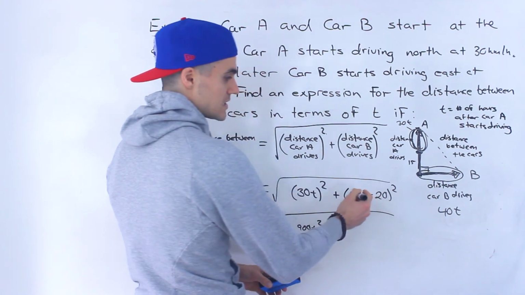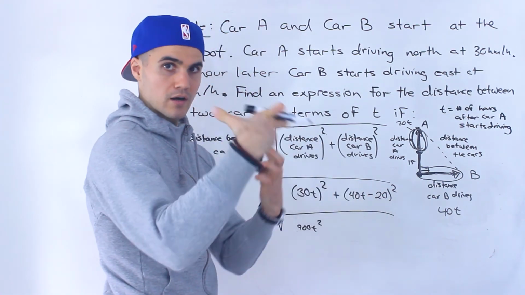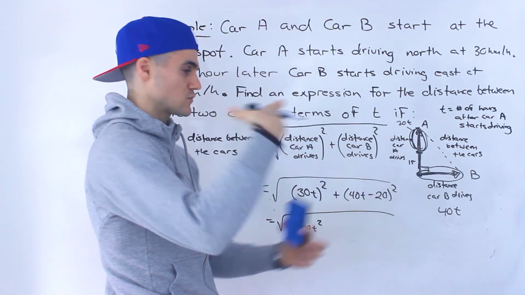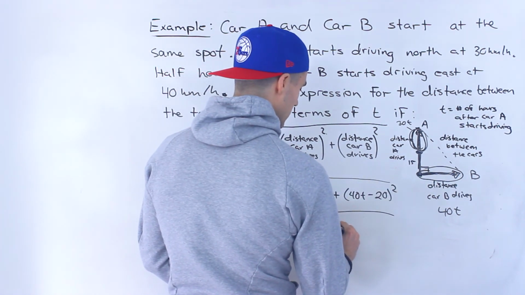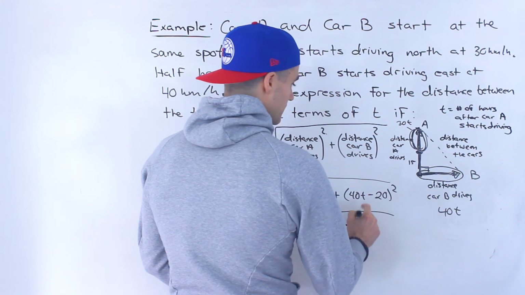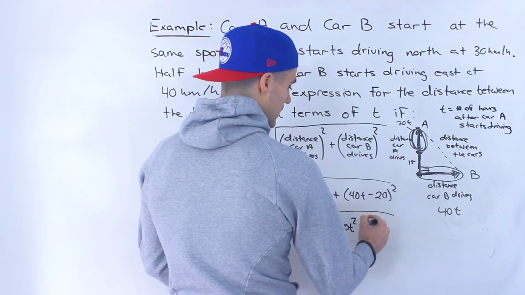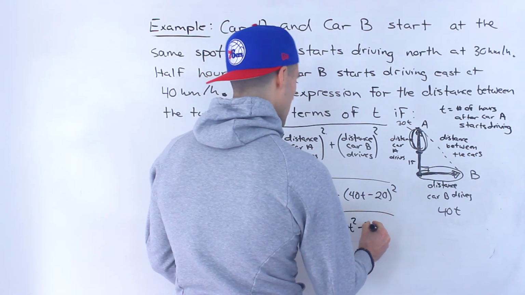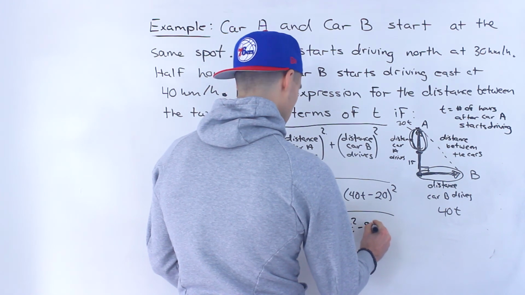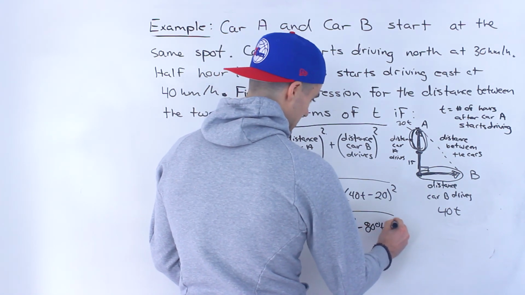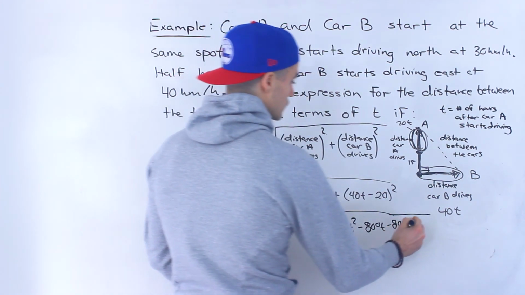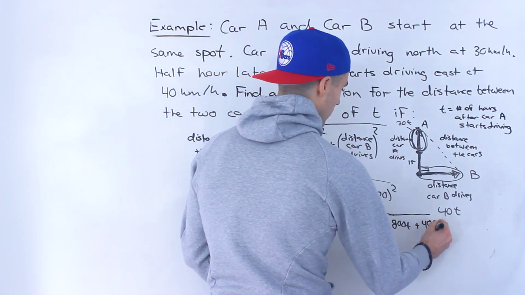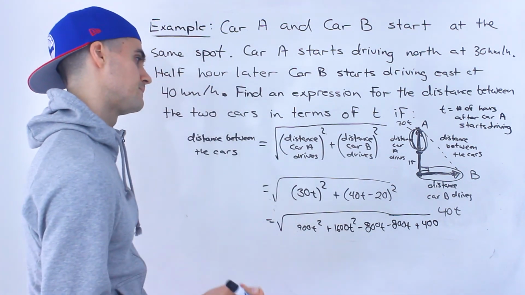Then this 40t minus 20 squared, it'll be two brackets, FOIL them out. 40t times 40t gives us 1600 t squared. 40t times negative 20 would give us negative 800 t, minus 800 t. And then negative 20 times negative 20 gives us 400, like that.